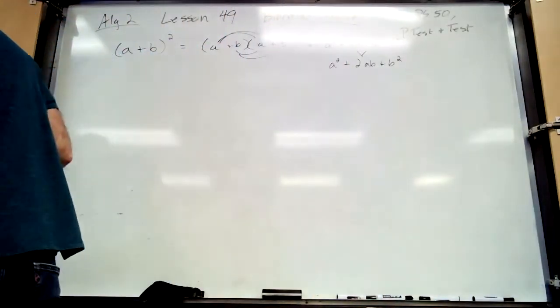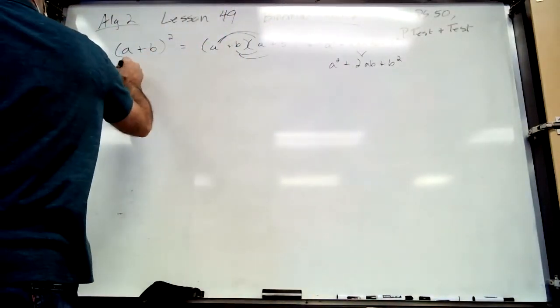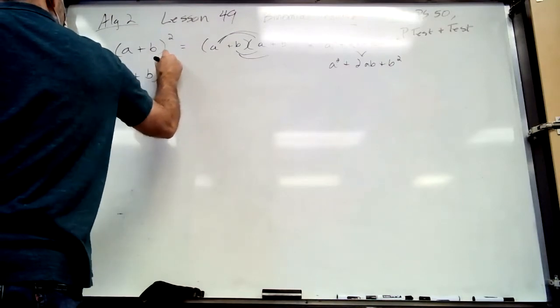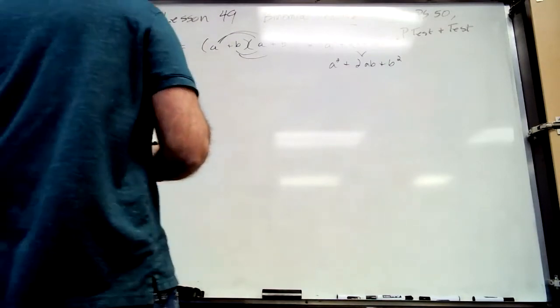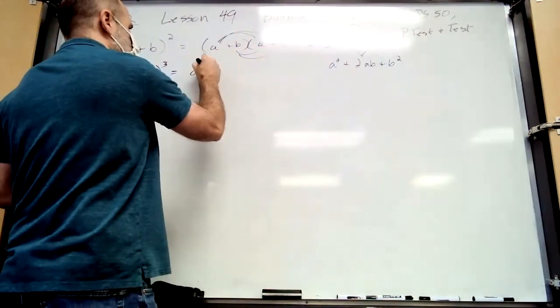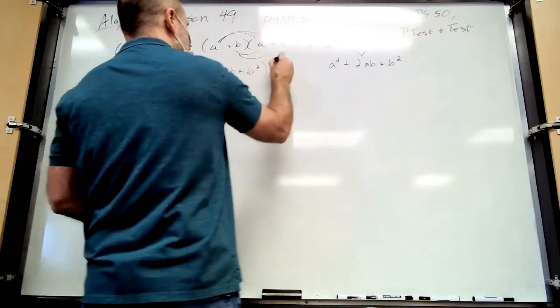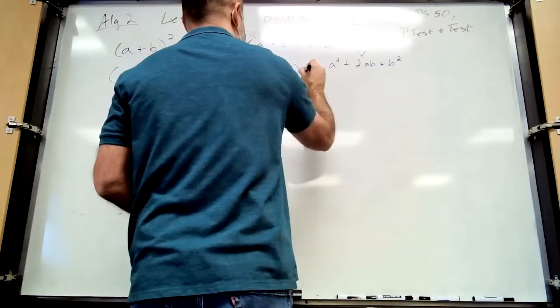Well, what happens if you throw another exponent on it? So let's see what happens if I do this. Really, this is a squared plus 2ab plus b squared, all times another a plus b.